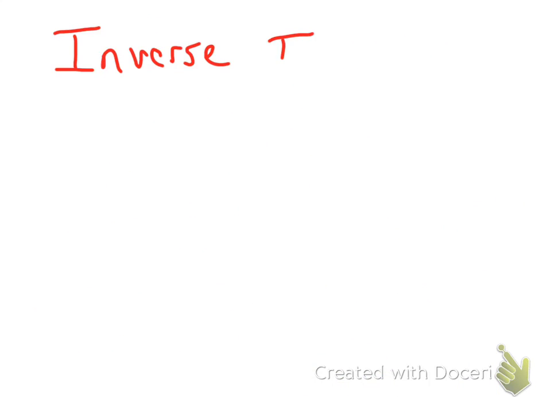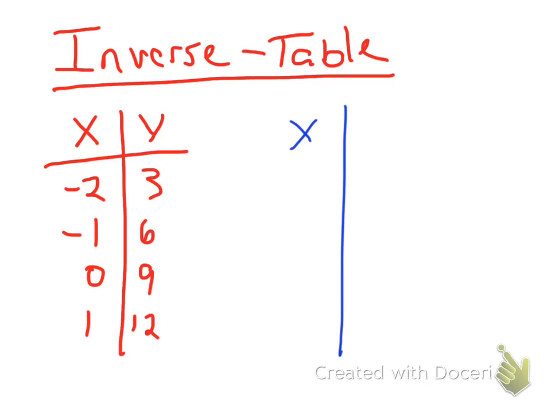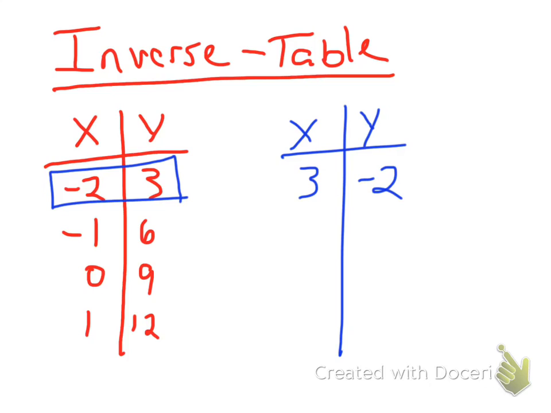Another possibility that we can take a look at is a table. So if we have an XY table, and I'm just going to put in some points here, the same process is going to happen as before: just switching our x and y values. So we used to have the point negative 2, 3 for our original, and now for the inverse, we're going to get 3, negative 2.